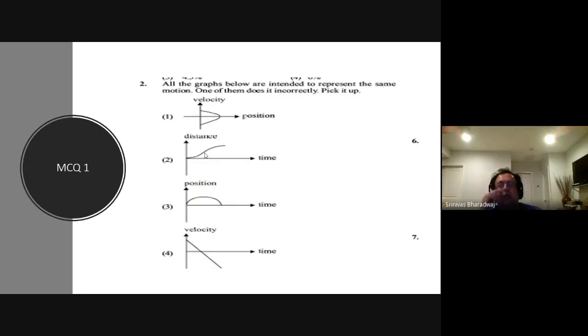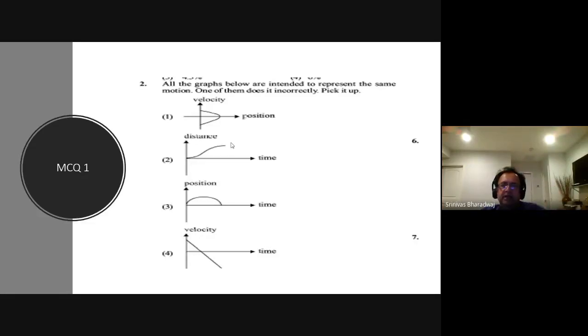Okay, so why is that? See, this one is showing something. When do you have this? You will never have this if you're continuously moving away. The distance you've traveled is what's happening here, right? It's not the position. Position goes and comes back, right? But the distance you have traveled is always increasing, right?